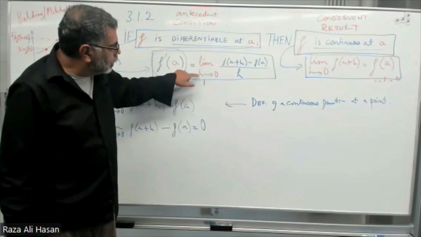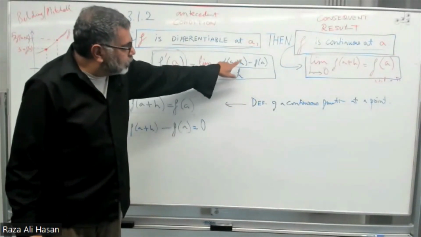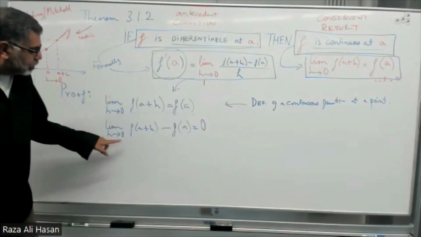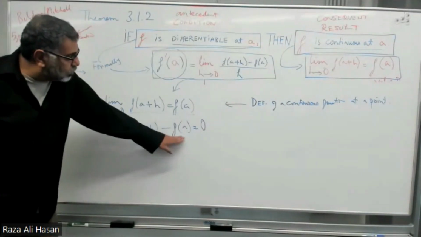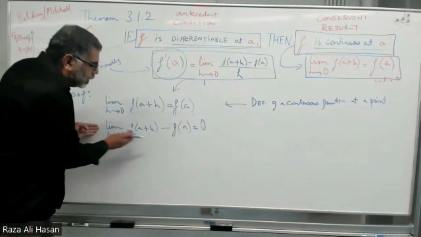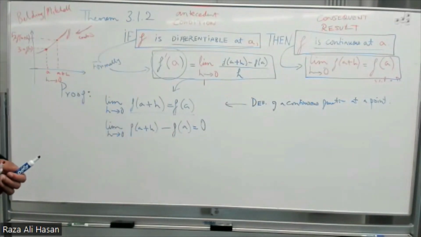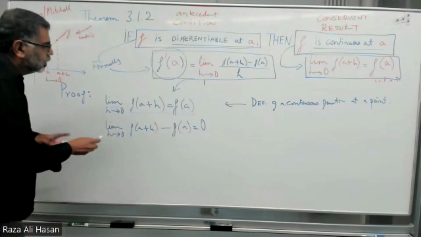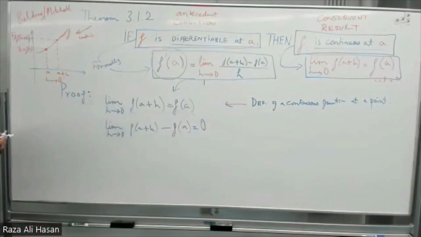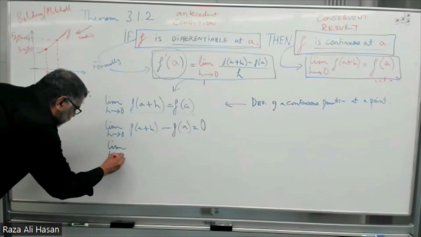This limit in red is applying to this difference quotient, this whole fraction. Here, this limit is applying only to this guy, not to this. So we need to make the limit apply to this f of a as well. Okay, so let's do that. That's our first step before we can actually bring in h. So how do we do that? We do it like this.